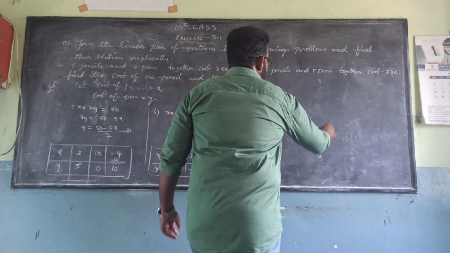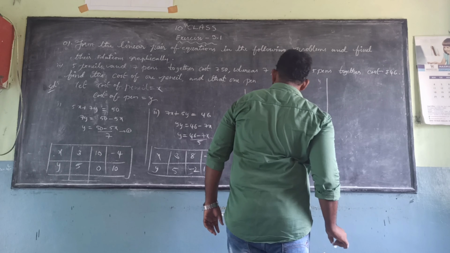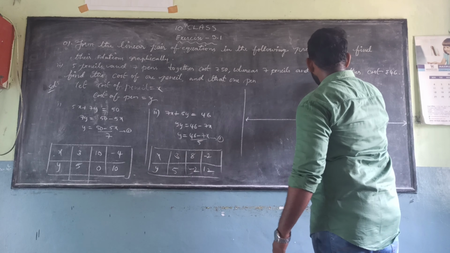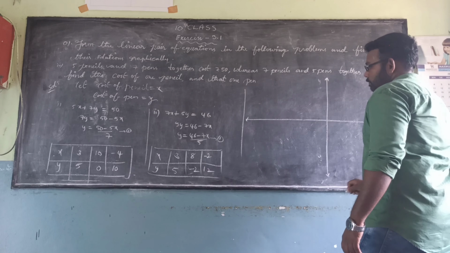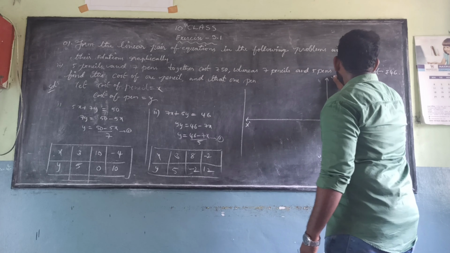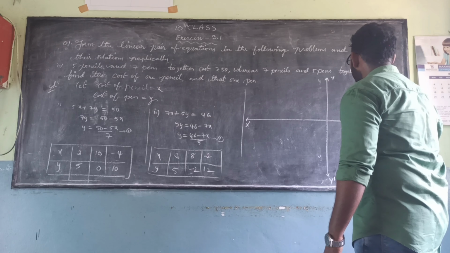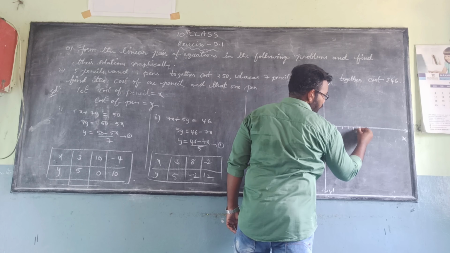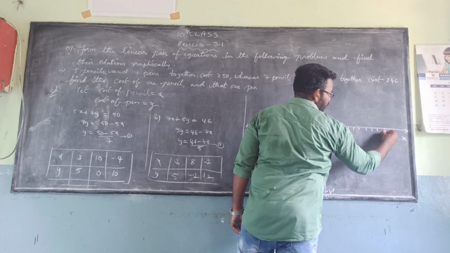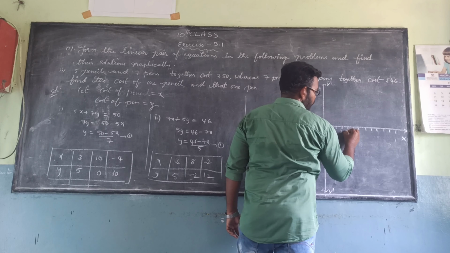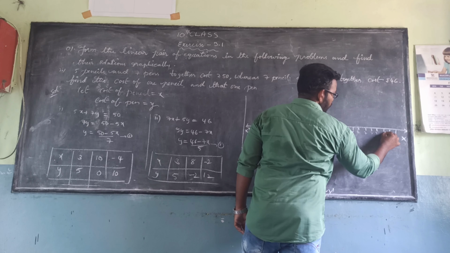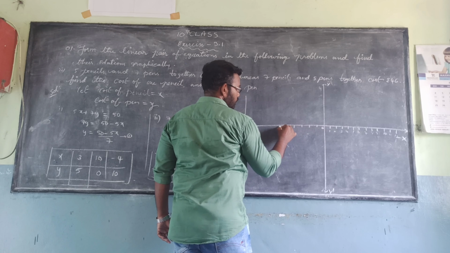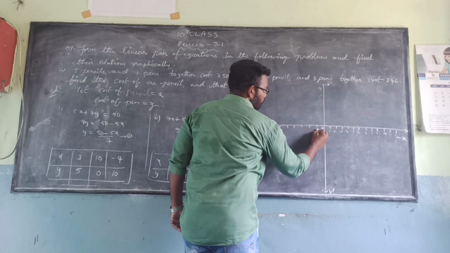First of all, we have the x-axis and y-axis. This is x, this is x dash, this is y, this is y dash. From 0, I am taking 1, 2, 3, 4, 5, 6, 7, 8, 9, 10, 11, 12. We have negatives 1, 2, 3, 4, 5, 6, 7, 8, 9, 10.